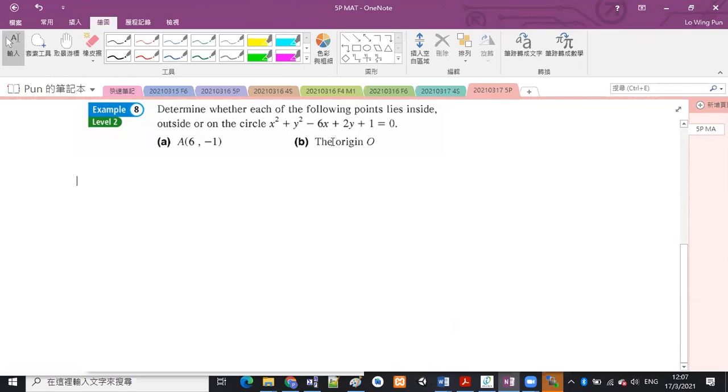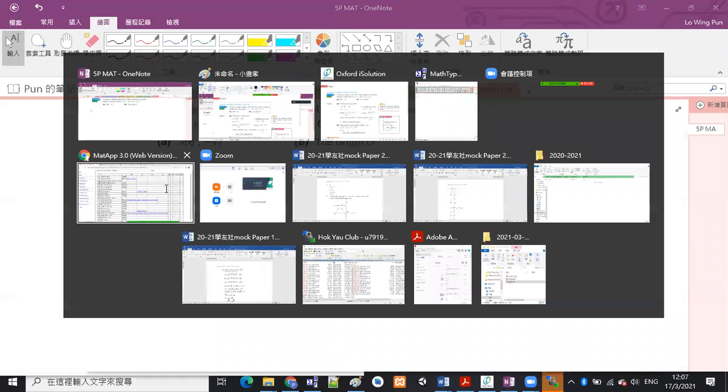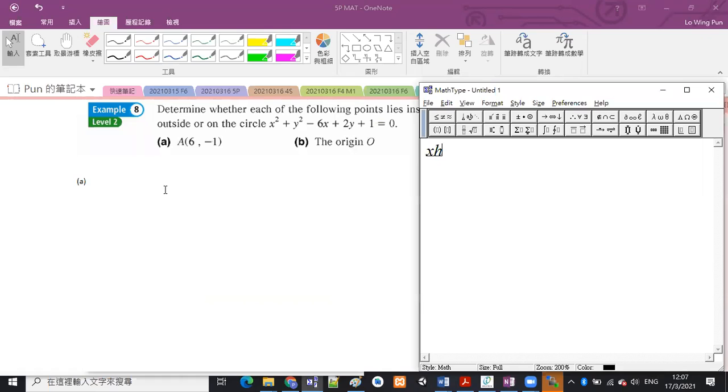We need to calculate D and R. D is the distance between the point and the center, but we need to find the coordinates of the center first. Now I have x square plus y square minus 6x plus 2y plus 1 equals 0. And this is already 1x square plus 1y square.